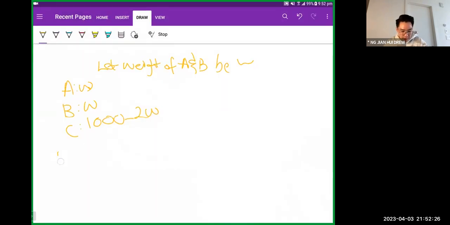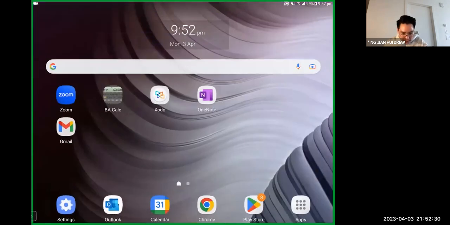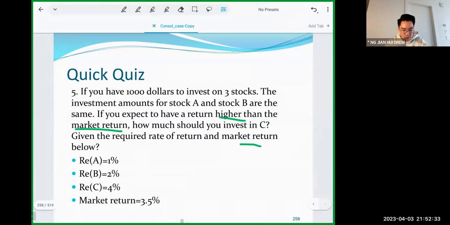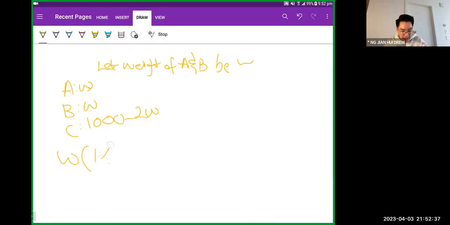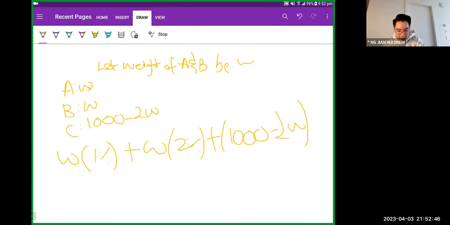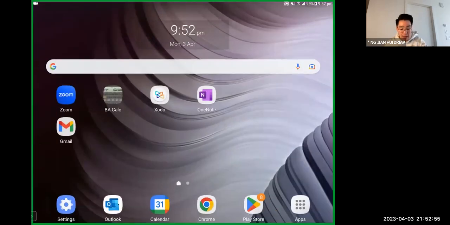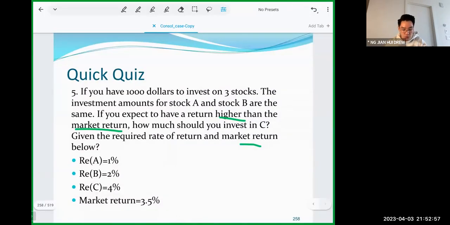So W times, for A it is 1%, 2%, 4%. Okay, so W times 1% plus W times 2% plus (1000 minus 2W) times 4%. All right. So this should equal the market return, right? Because they say that it must be higher than the market. So it must equal 3.5%.